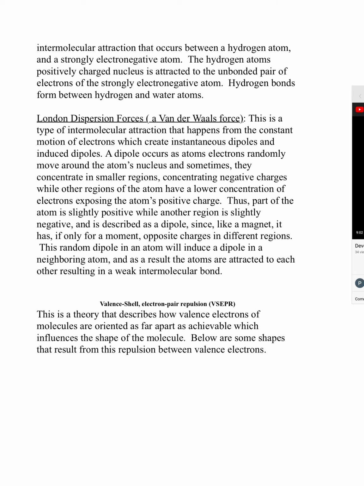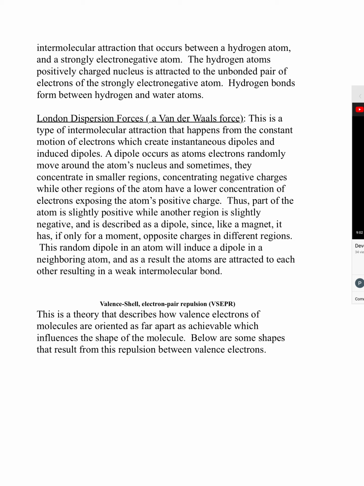I'm just going to go over this a little bit, and I will add a YouTube video specifically on valence shell electron pair repulsion. This is a concept or theory that influences the shapes that molecules will form.